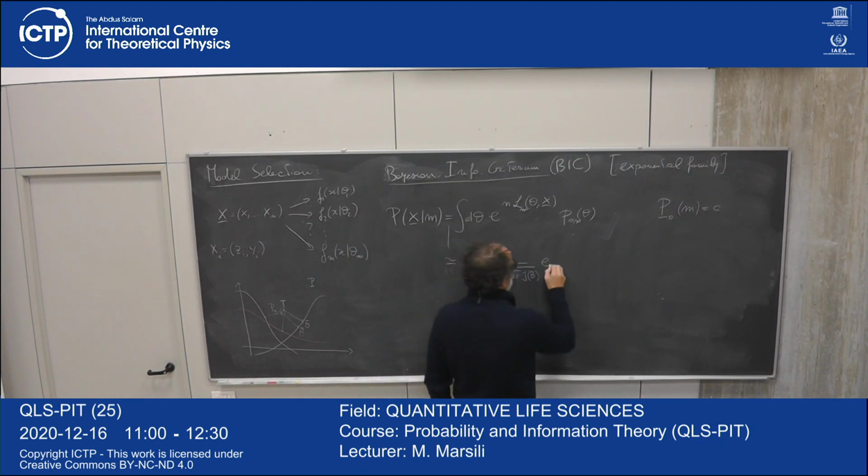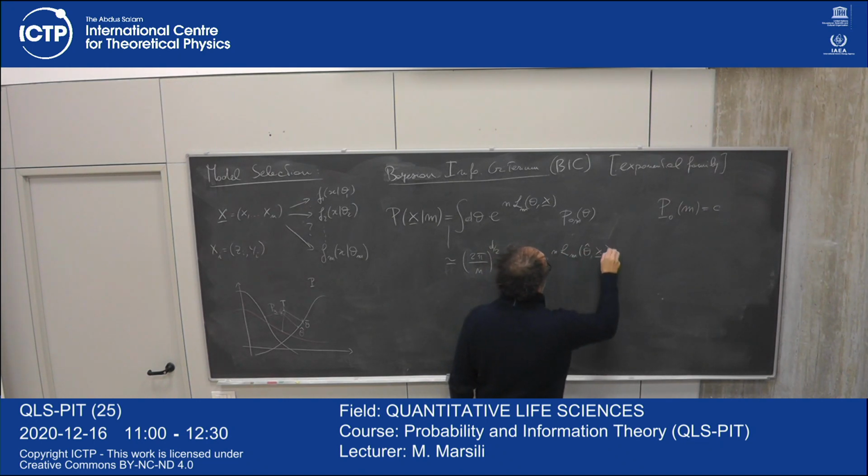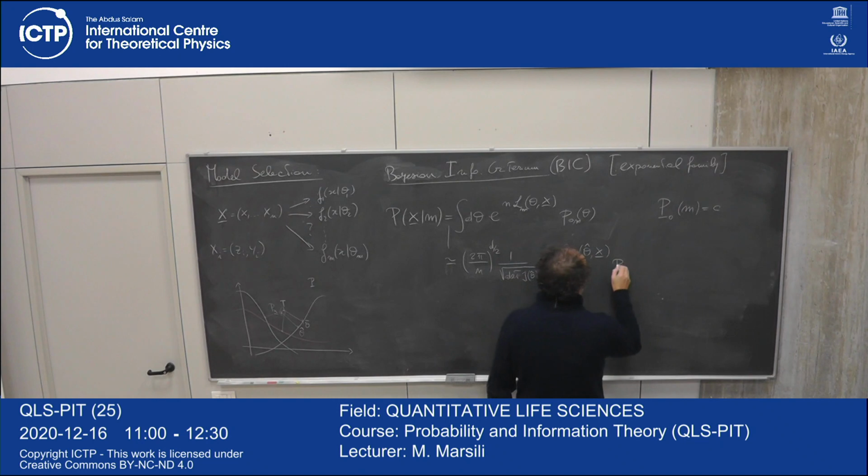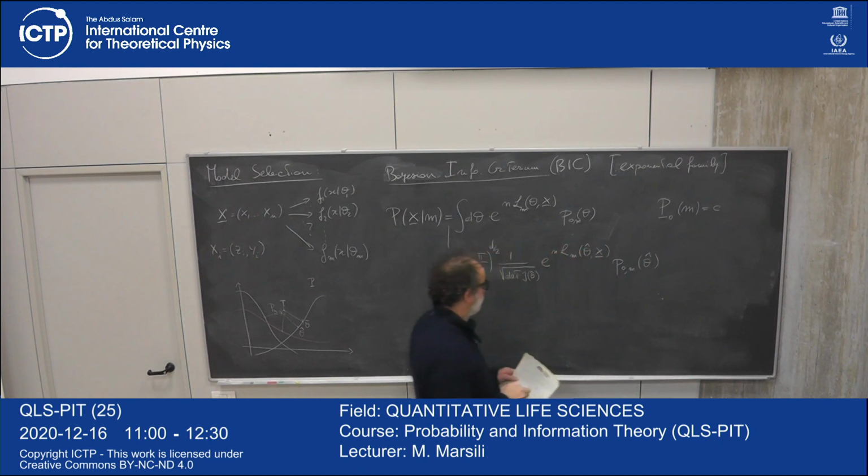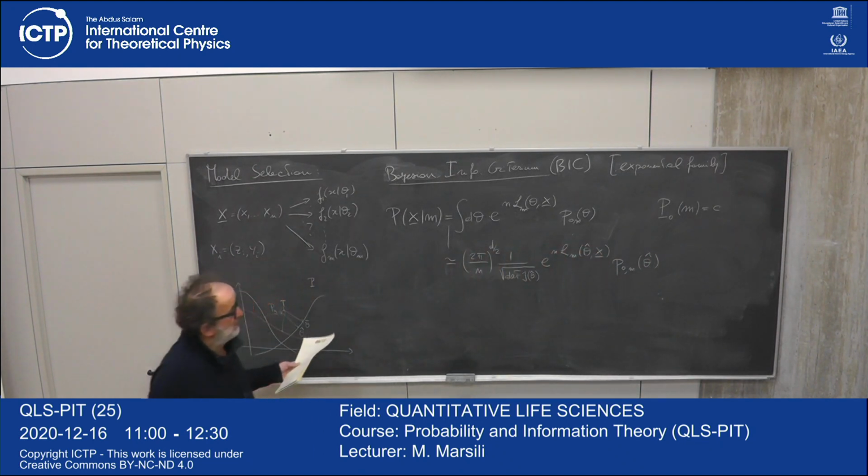And then you get e to the n times the log likelihood computed at the maximum. Okay, and then you get the p0 of m also computed at the maximum likelihood.